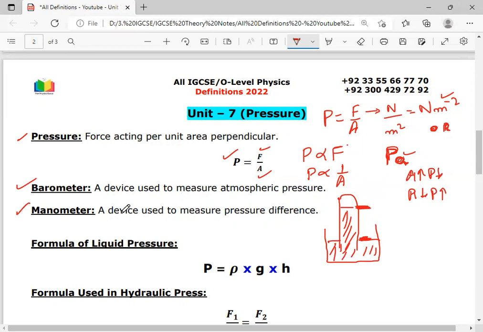The definition of manometer: a device which is used to measure pressure difference, and it will be just like this.